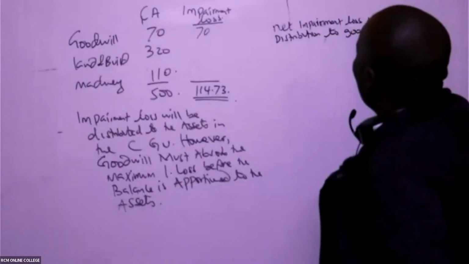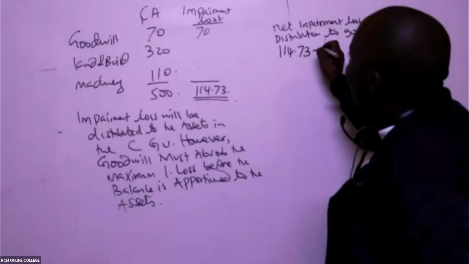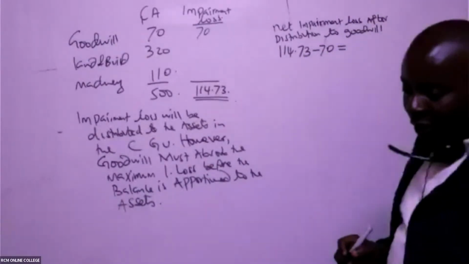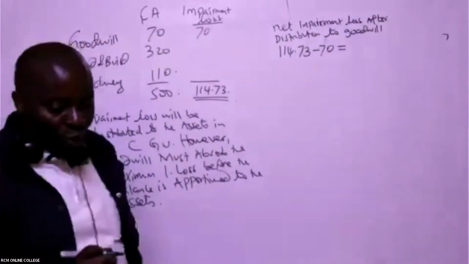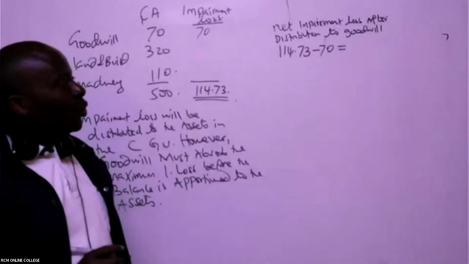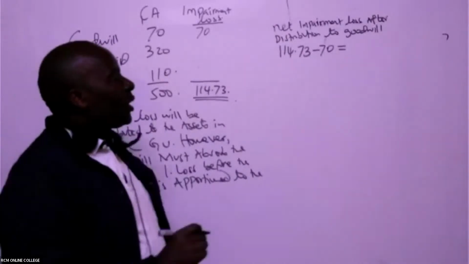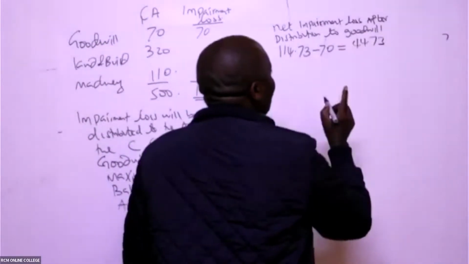After distribution to goodwill, the net impairment loss is 114.73 minus 70, because goodwill must be extinguished. So this gives us 44.73.